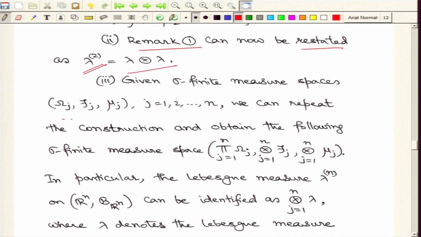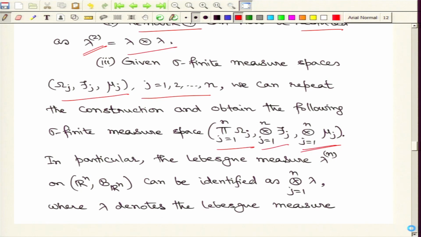If you are given sigma finite measure spaces omega j, F j, mu j for j from 1 through n, then using the associativity of the product sigma field that we discussed in the previous lecture, we can also justify the construction of product type measures on this product sigma field, and therefore we again end up with a sigma finite measure space.